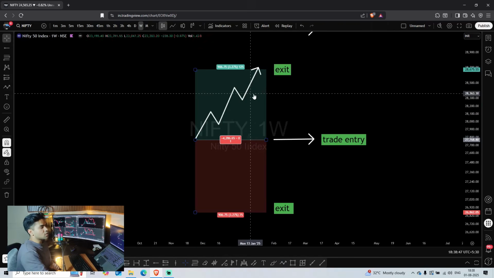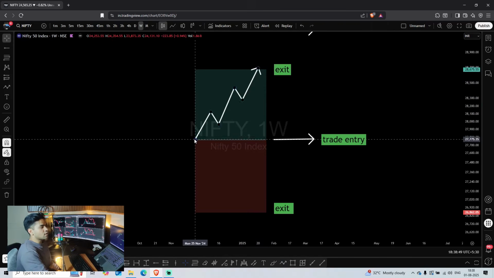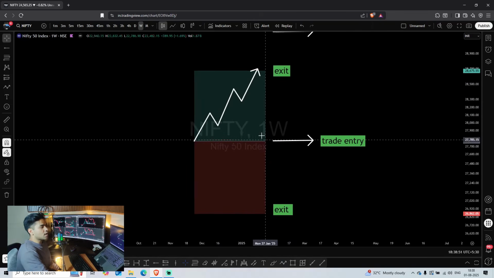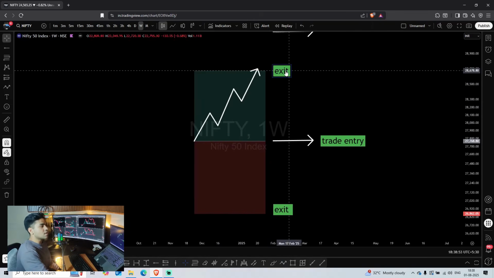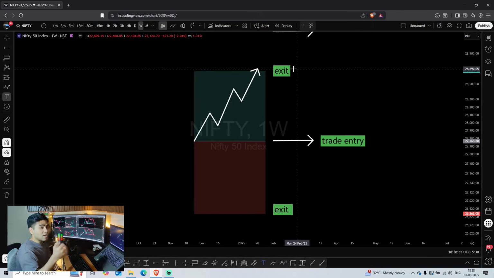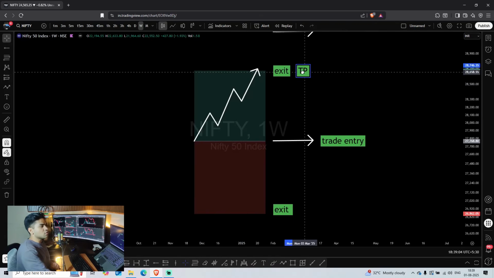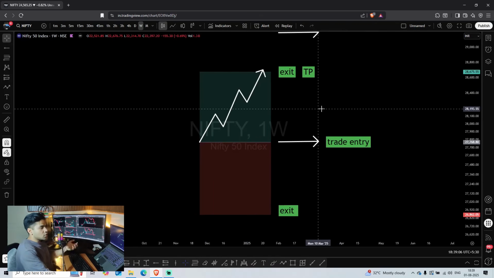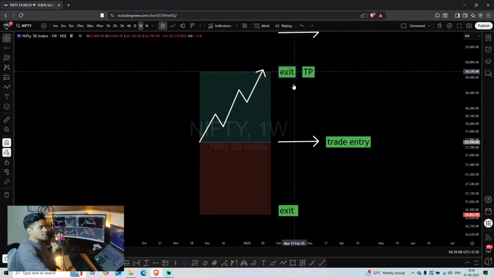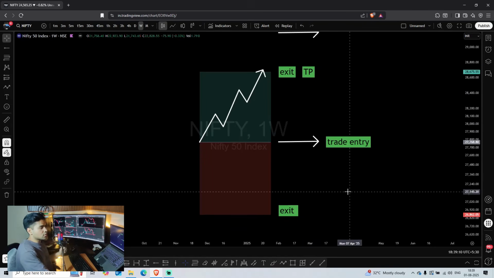Let's say that you took the entry exactly at this spot, and as your exit hits, that is what we call the target is hit. That's what we call take profit. TP is known as your take profit. You take your profit from that area, and that's your exit in this particular situation.